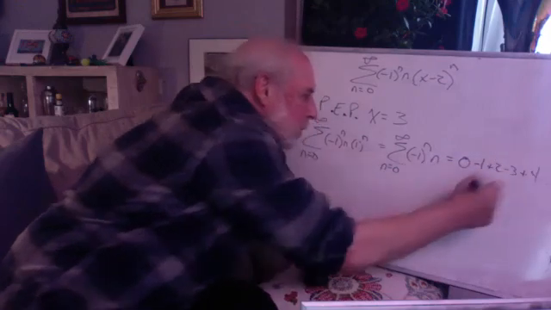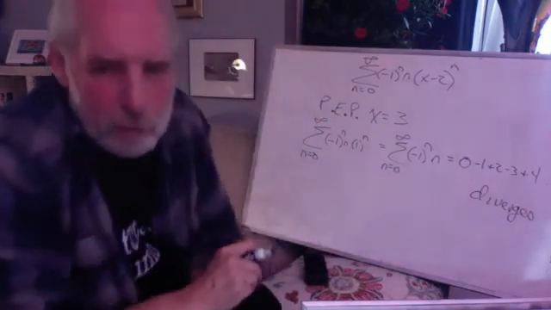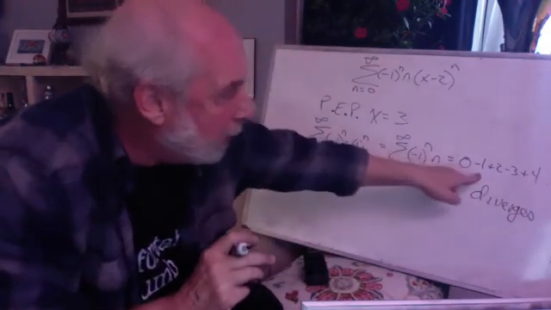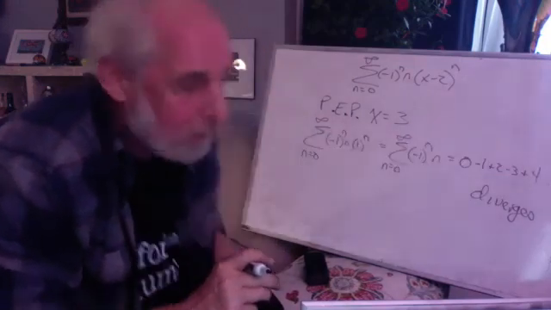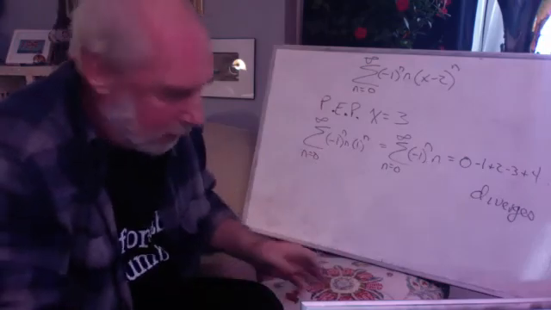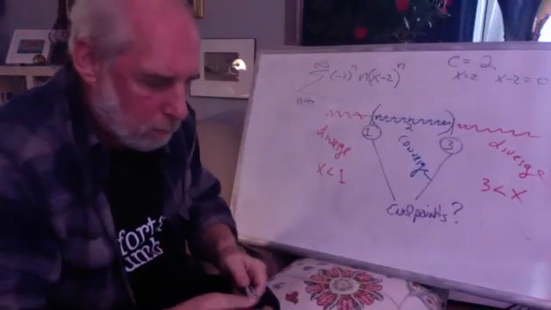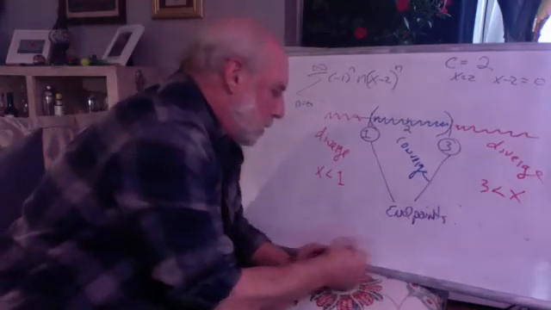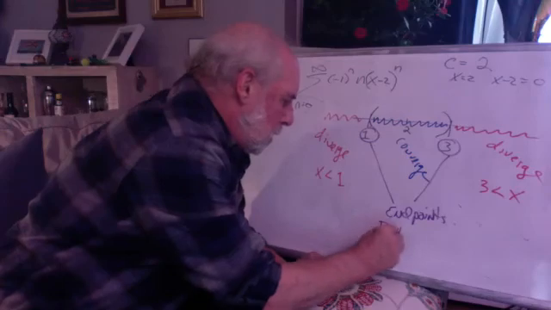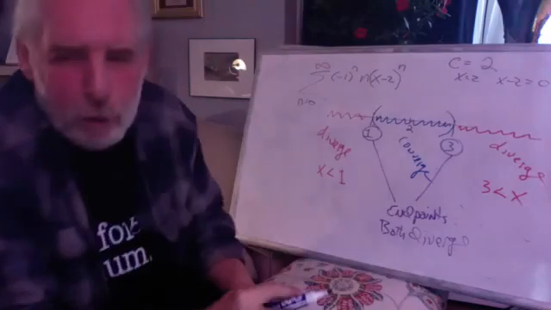And that also diverges. Even though it's an alternating series, the terms are getting bigger. So this diverges. So the answer to this problem is we diverge at both endpoints.